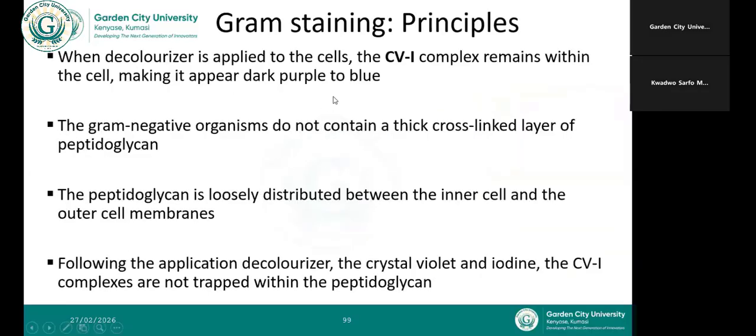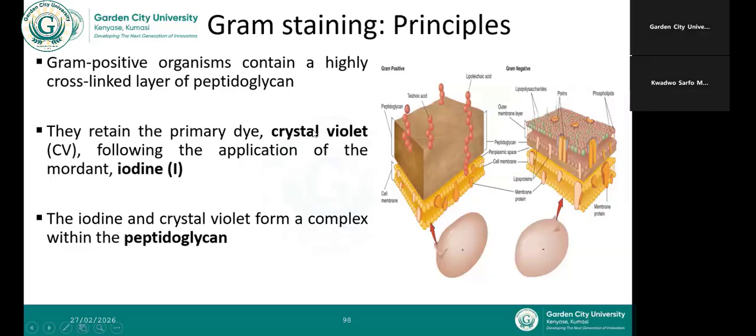Then you try to remove the color imparted by the crystal violet, the primary stain. So you add a decolorizer. Because this is very thick, it will retain the primary color within the time that you have allowed. Within 5 seconds, the crystal violet will not be removed entirely from this peptidoglycan, but within 5 seconds, this thin peptidoglycan layer will lose the primary stain. So this will become colorless, and this will keep the purple color.